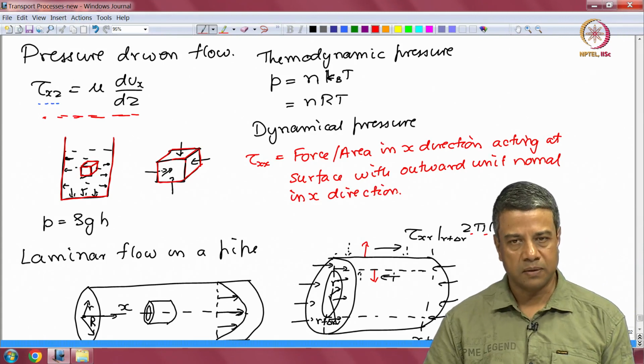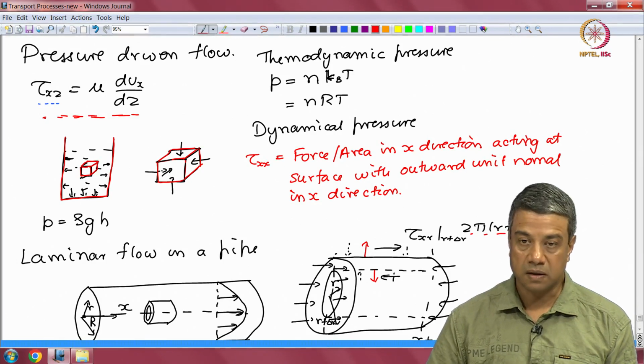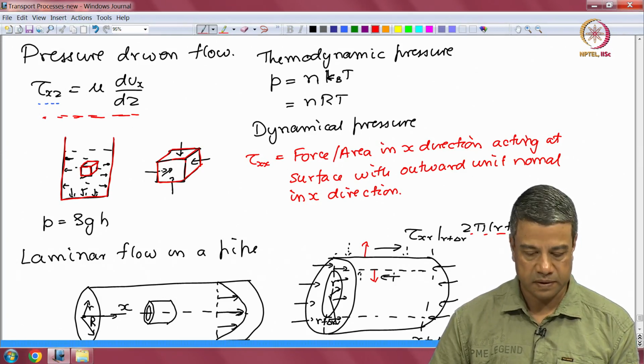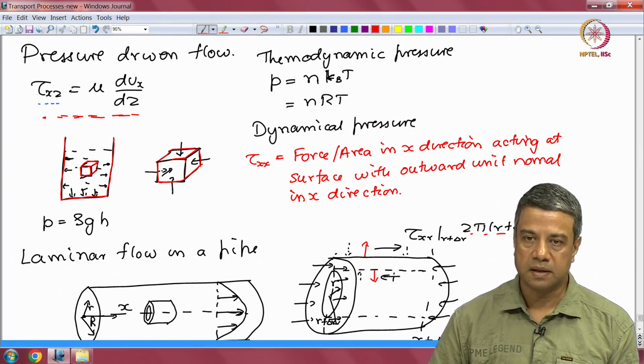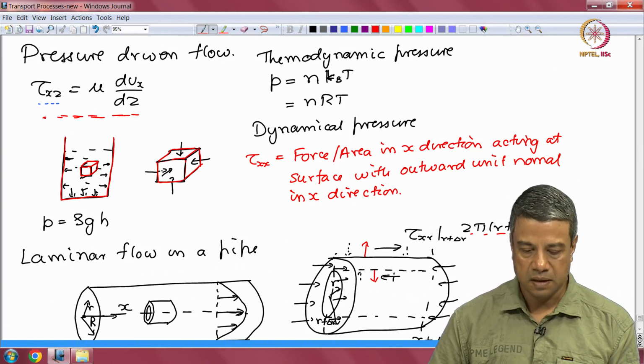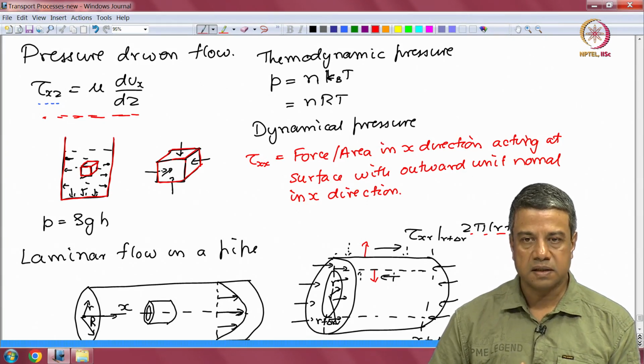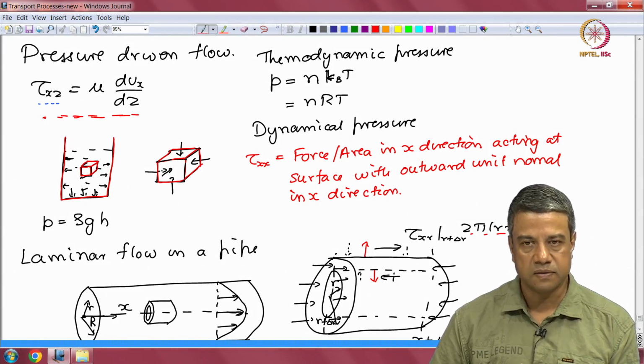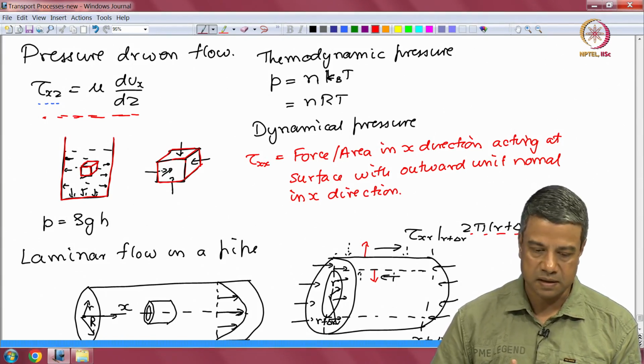And similarly tau yy and so on. Those are not related by Newton's law. We will see that when we do momentum transfer, those components are not related by Newton's law. However, this is the definition of the stress: force per unit area in the x direction acting at a surface whose outward unit normal is in the z direction.